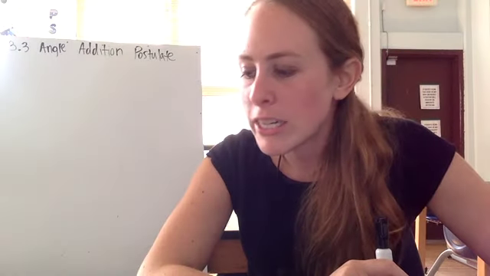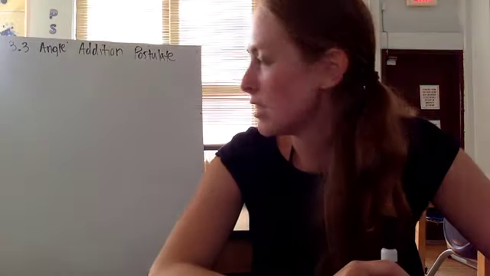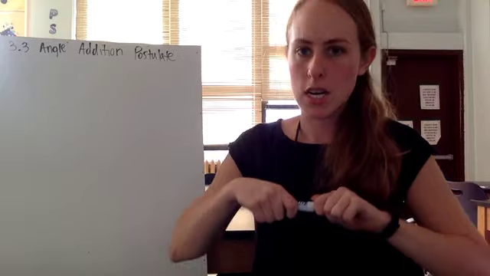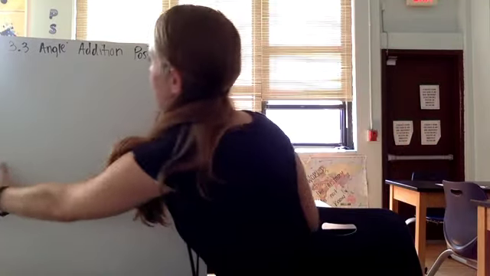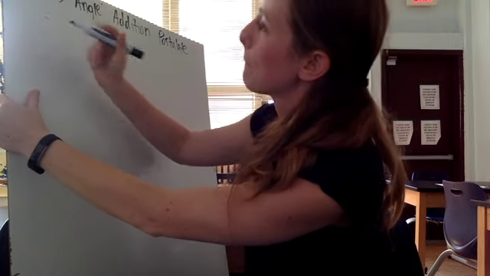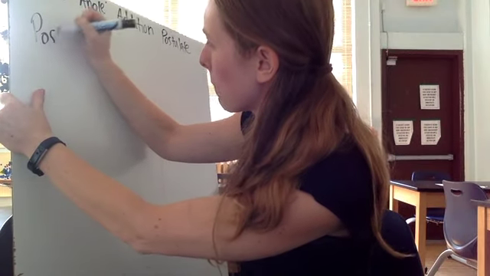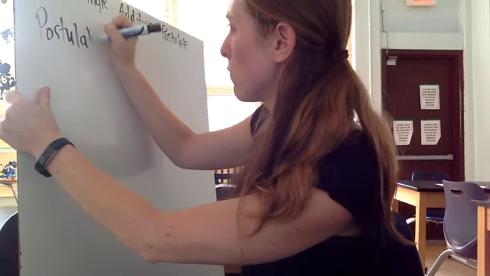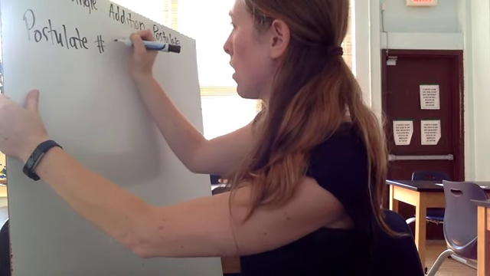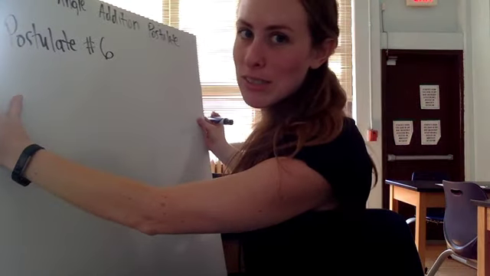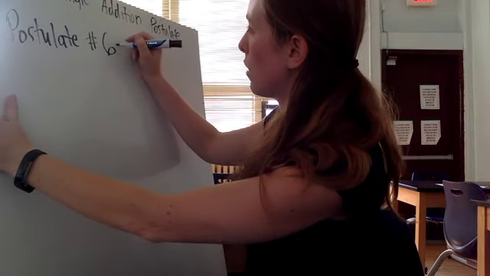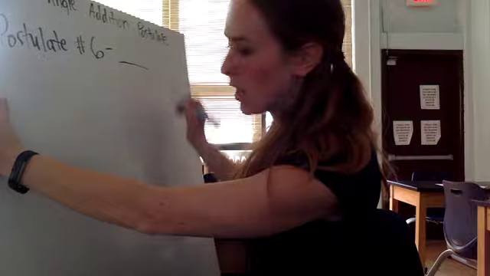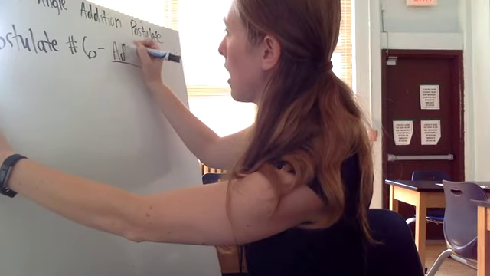Welcome back. The angle addition postulate. So this is postulate number 6. And what it is, so you have this and it has this blank, and what you want to put in the first blank is the word add.